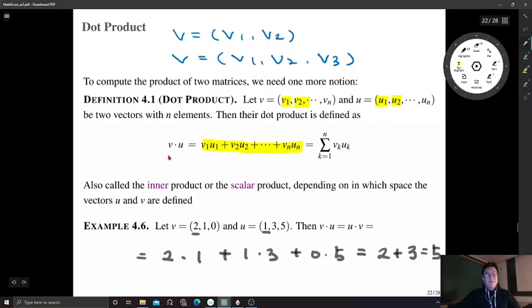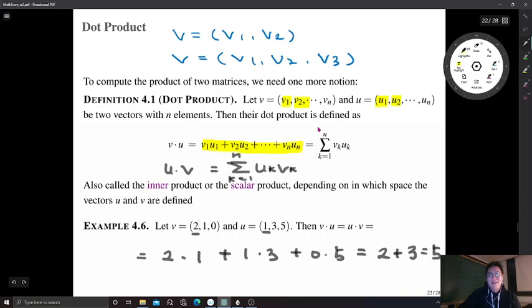Because v dot u is a summation of v sub k times u sub k, where k goes from 1 to n, if we change the order and consider u dot v, then this is going to be the summation of u sub k times v sub k, where k goes from 1 to n.